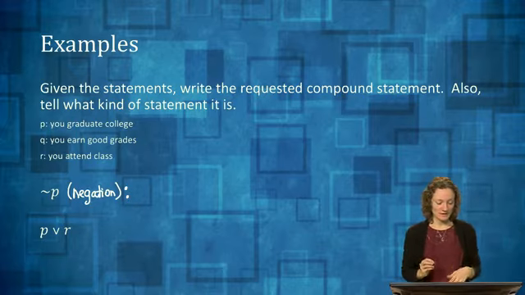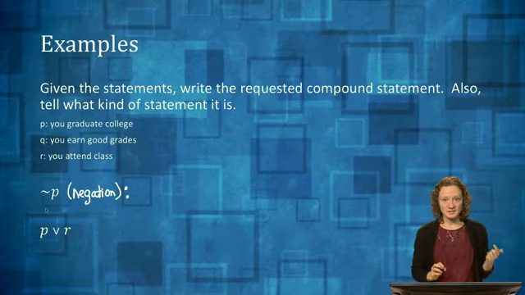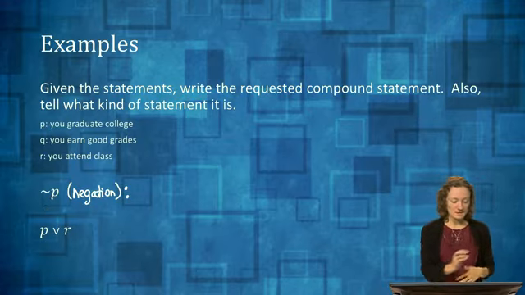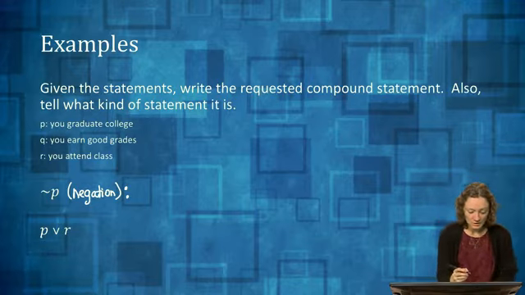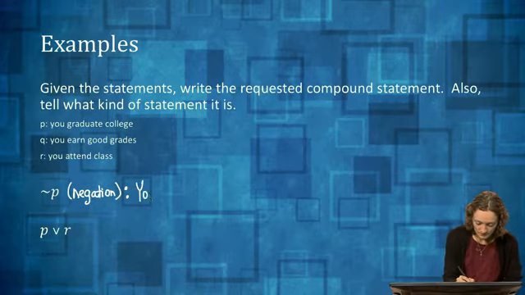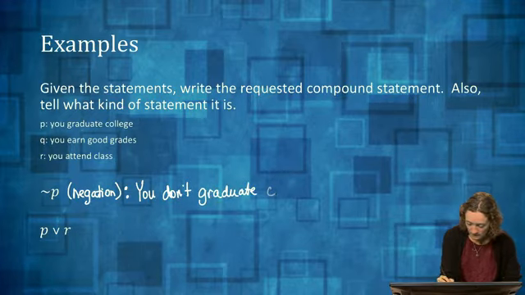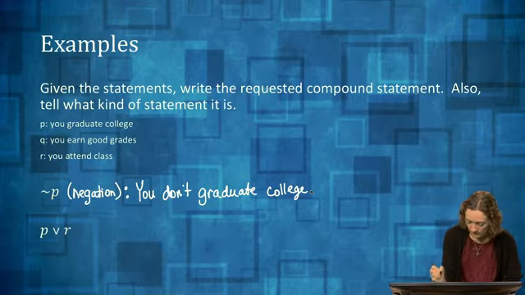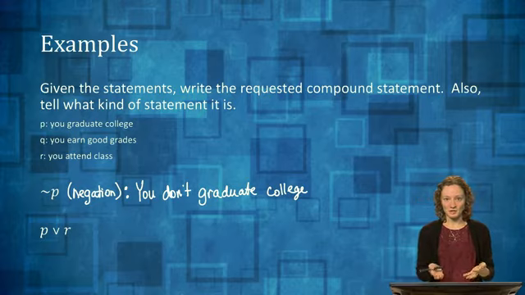Now let's actually make that translation. So symbols, it's negation P. So we want the opposite of statement P. Statement P is you graduate college. So negation P is you don't graduate college. Any form of that sentence that conveys the message you don't graduate college is fine.